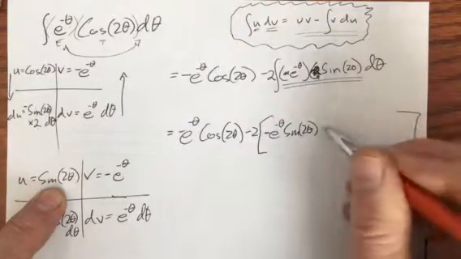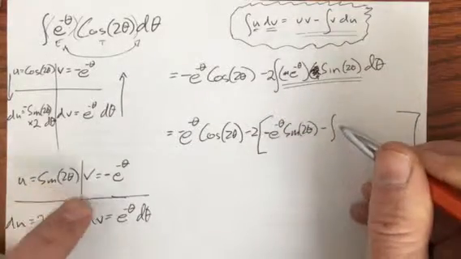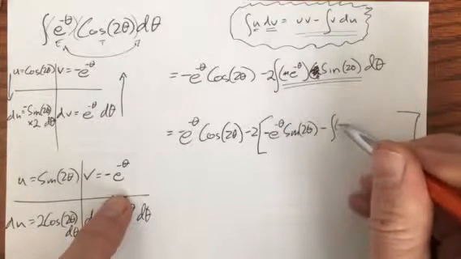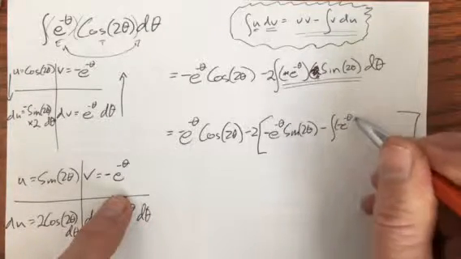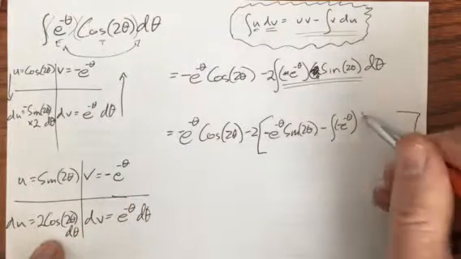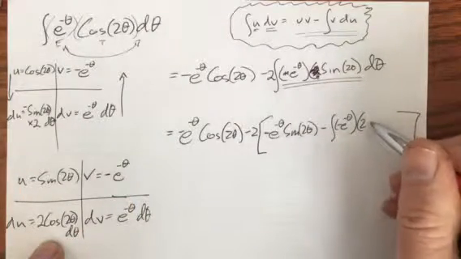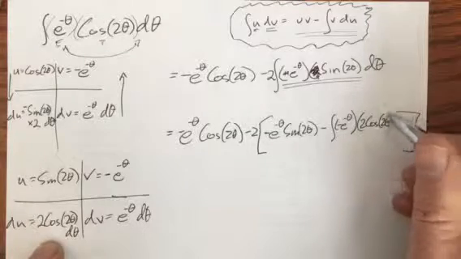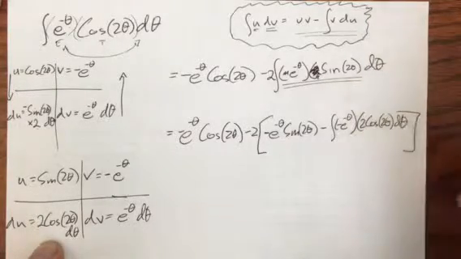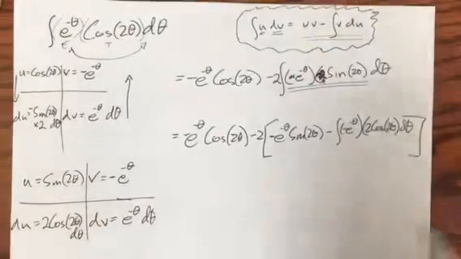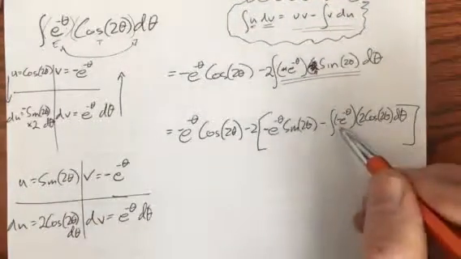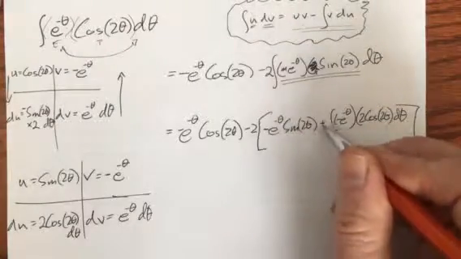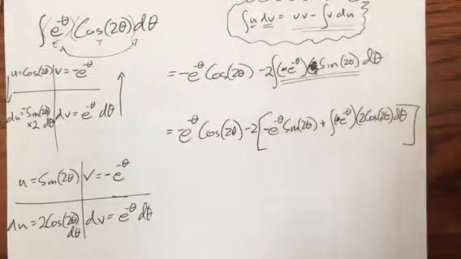And then minus the integral of minus e to the minus theta times 2 cosine of 2 theta d theta. Here I've got this minus sign. I can bring that out front. That's a plus, and then that will go away.